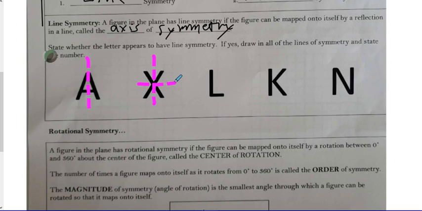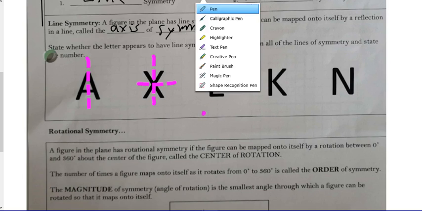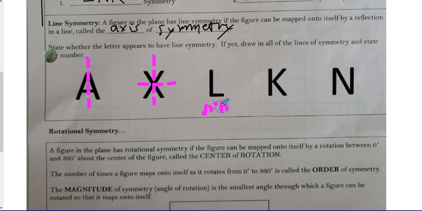The L does not have line symmetry. K. Now, if it's a capital K where both the legs are the same size, then yes, you can fold it top to bottom. Now, if you drew your K with the little one here and the big one here, like some people do, that would not have symmetry.